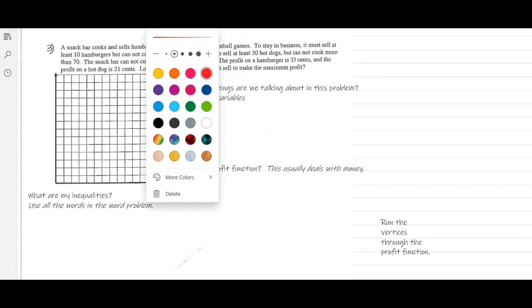We need to first think about what 2 things we are talking about in this problem. They are talking about hamburgers and hot dogs.